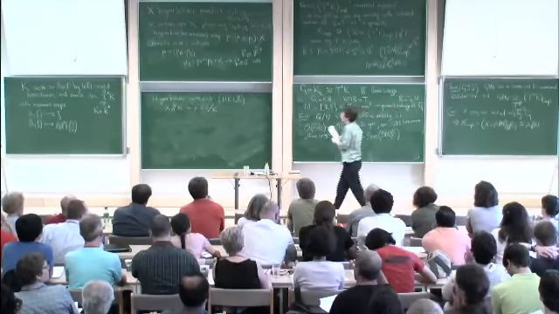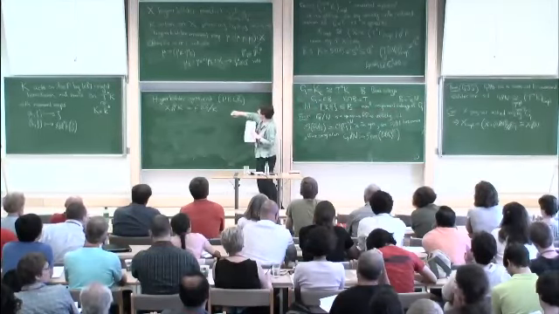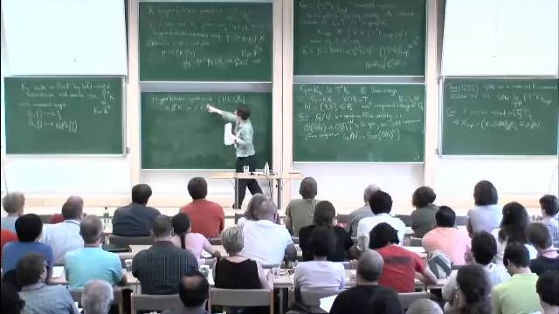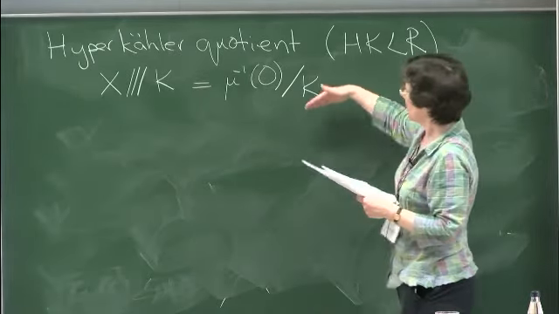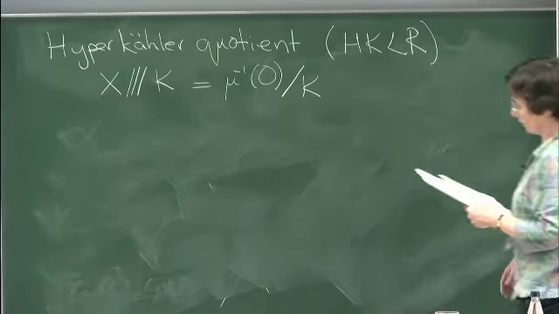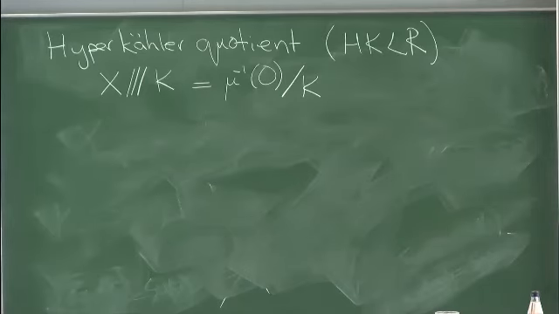Though if you try and take Hyperkahler reduction at some level other than 0, then that doesn't go over so nicely. That's a lot more subtle. But the actual Hyperkahler quotient construction at 0 is very nice.